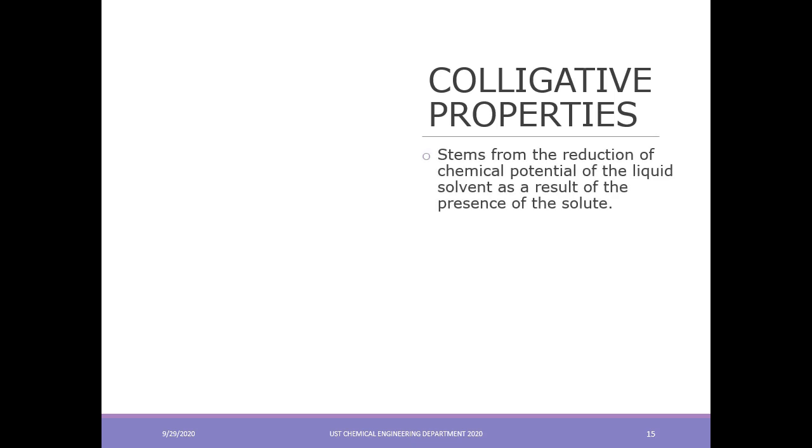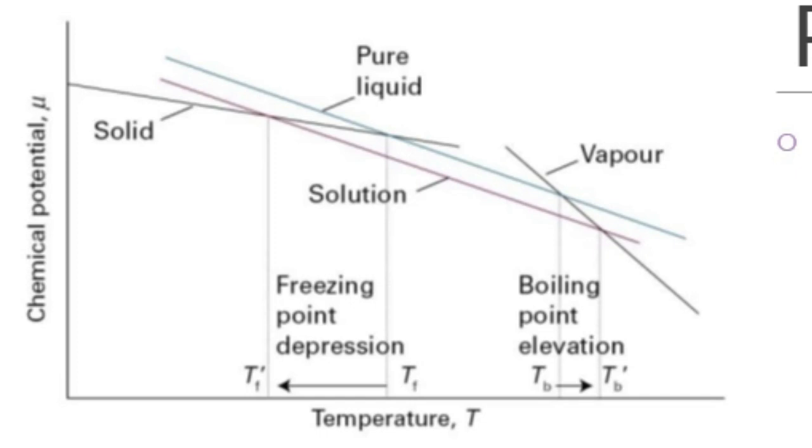All colligative properties result from the reduction of chemical potential of the liquid solvent due to the presence of the solute. As seen in this figure, the chemical potential of the pure liquid solvent is higher than that of the liquid solvent in the solution. The chemical potential of the solid and vapor forms of solvent A is unaffected because the solute is not present in these phases.